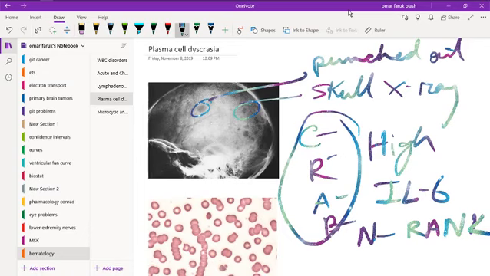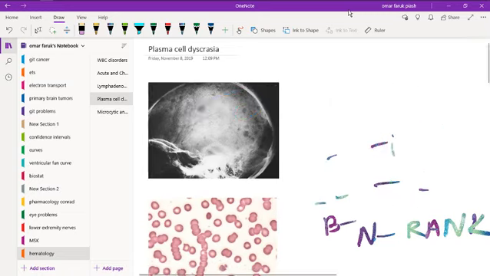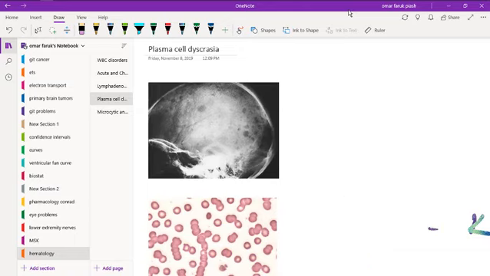There is another thing you have to remember: there is elevated serum protein.